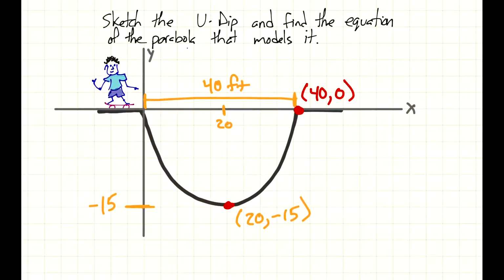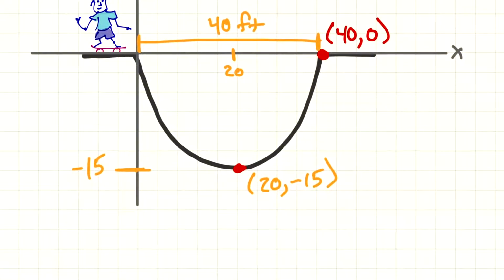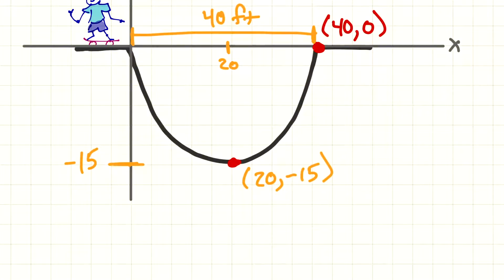All right, so let's take that information and use it. I'll rewrite the graphing form again: y equals a times x minus h squared plus k.